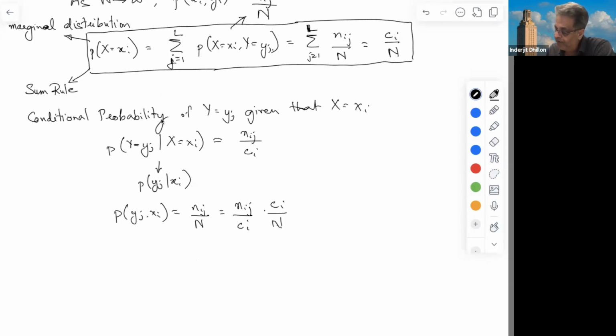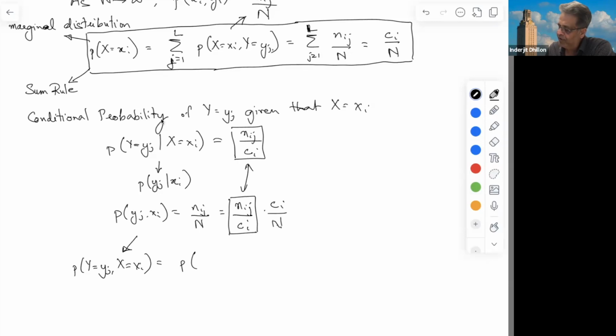Let me write this out again. P of y equal to yj, x equal to xi is equal to this part over here, which is the same as this part over here.